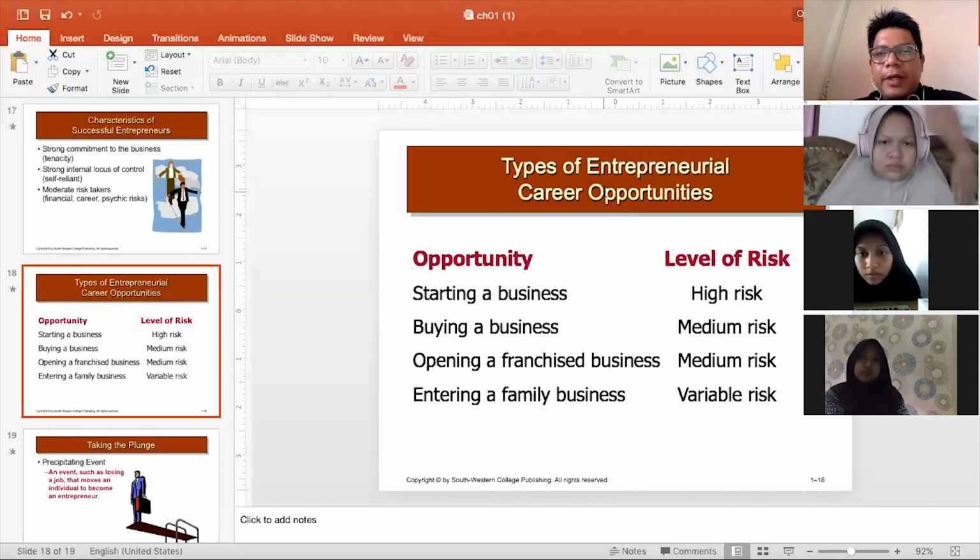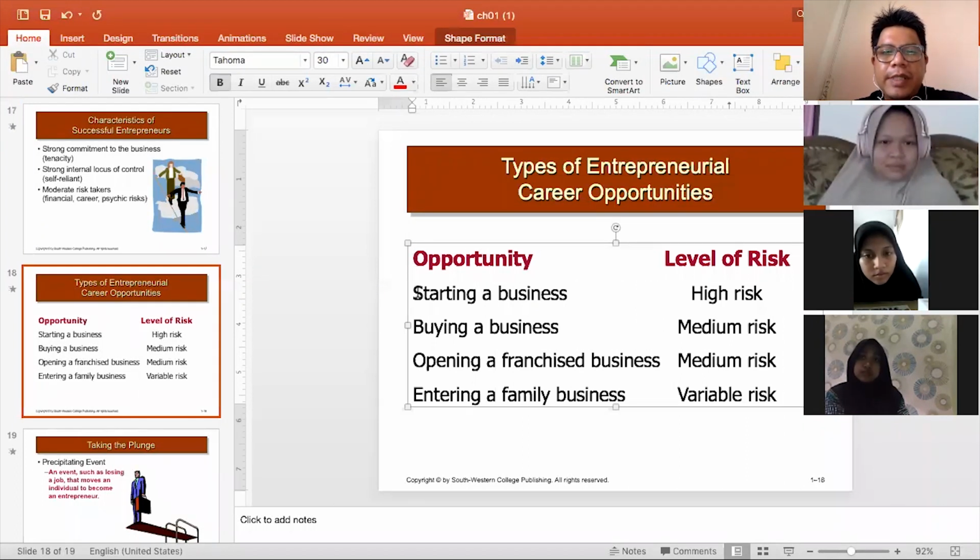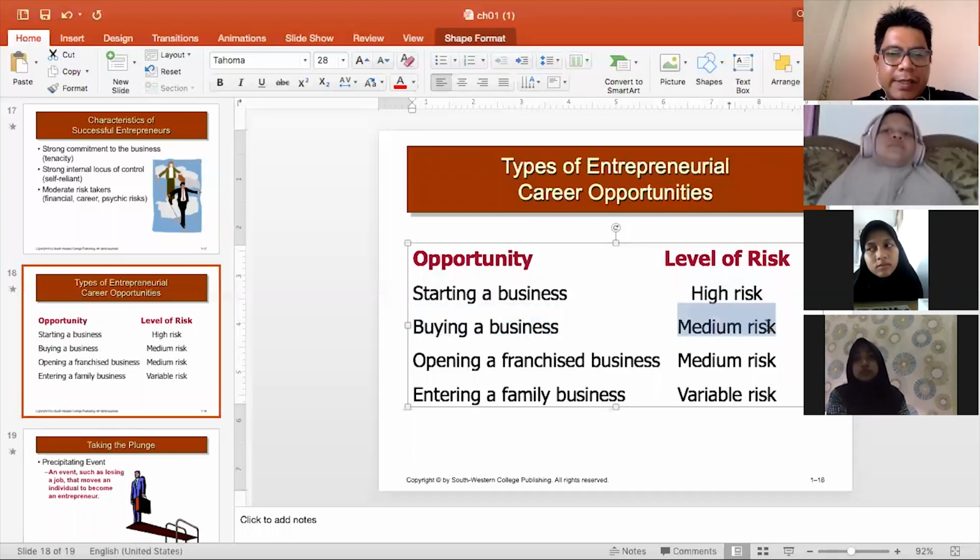Types of entrepreneurial career opportunities. Okay, this is starting a business, buying a business, opening a franchise business, entering a family business. So what does it mean? When you start your own business, it's in the high risk category. When you buy a business from the people who own it, it is medium risk.